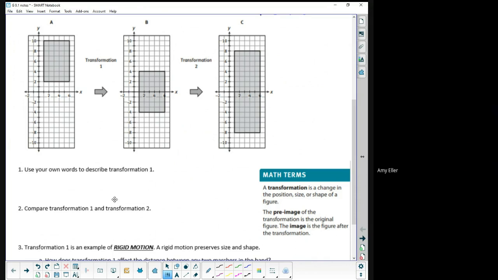Number 2, compare transformation 1 to transformation 2. They didn't all go down 6 again. So describe the differences between transformation 1 and 2.